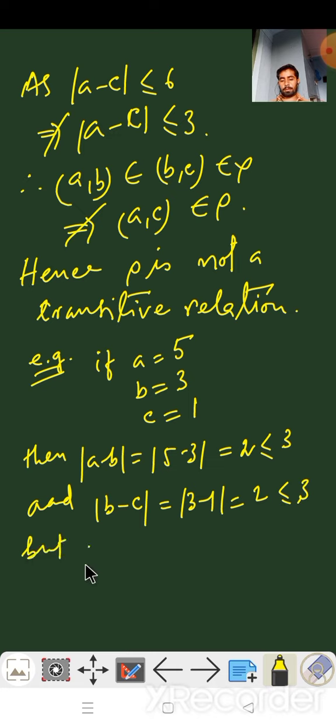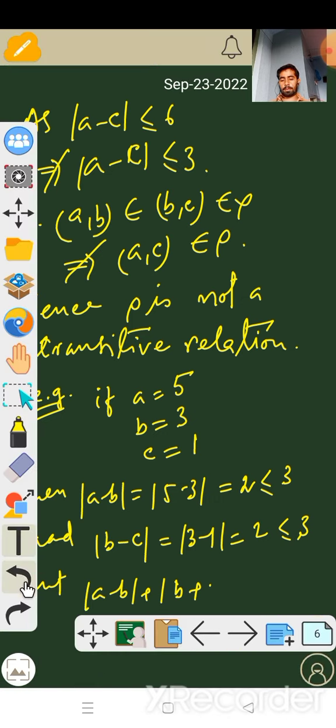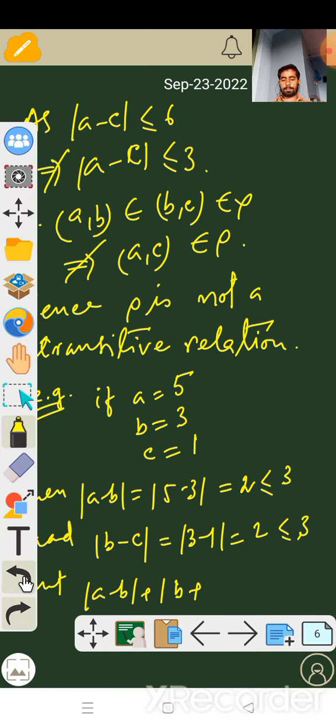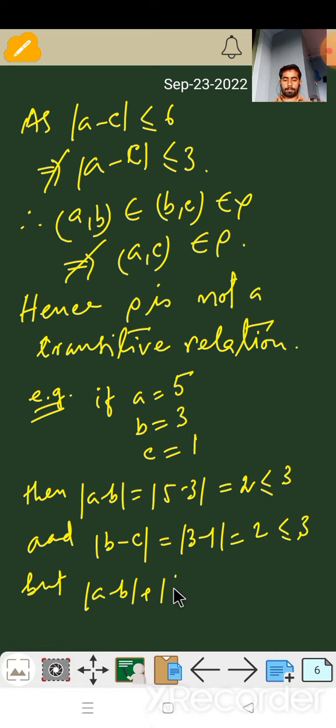But the modulus of a minus b plus the modulus of b minus c equals 2 plus 2, which equals 4, which is not less than or equal to 3.